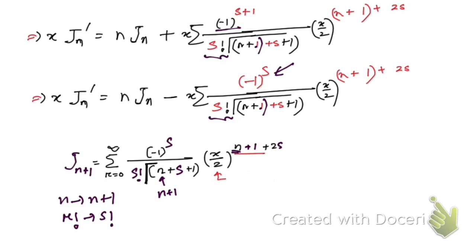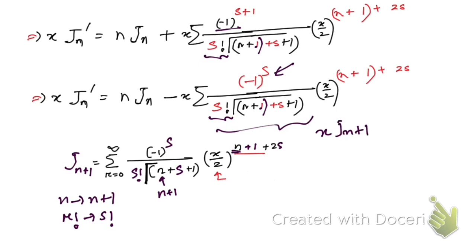Hope you have understood this. So that's why we can write this is n plus 1, and here we have x also, right? So it's going to be equal to x into J n plus 1, right?